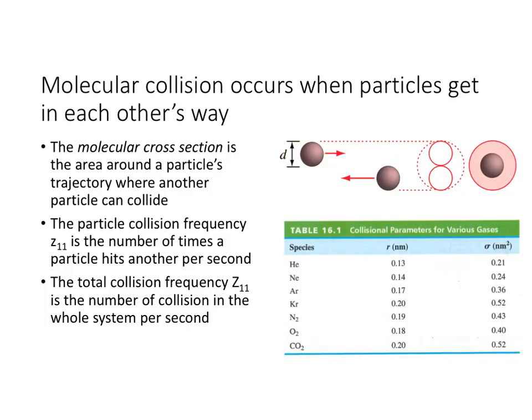Now, finally, we're going to consider collisions in a system of gas particles. Any discussion of collision within a gas requires the molecular cross-section, okay? What that represents is actually an area, so it's going to be in units of meters squared, most likely.